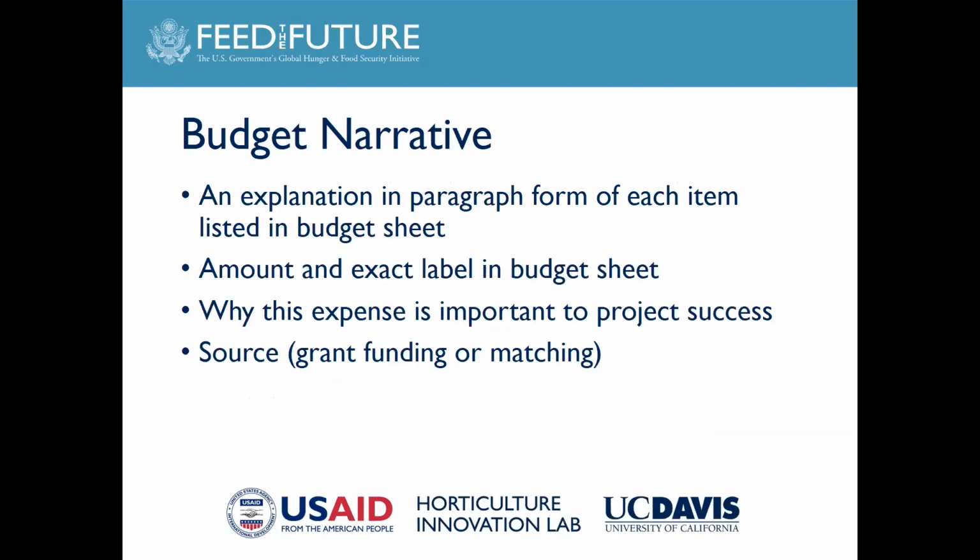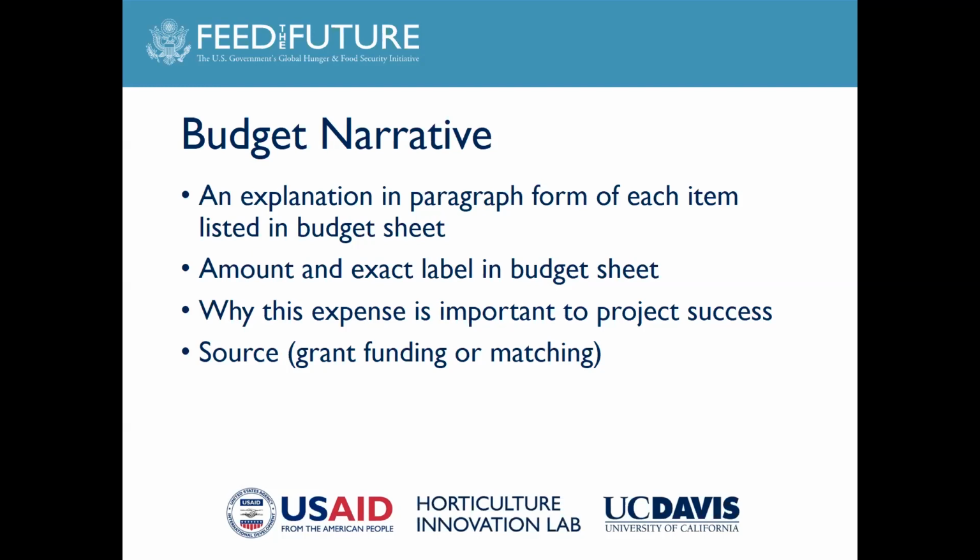A budget narrative. So this is a separate sheet from the budget template, and you want to carefully reference each item on the budget template and then provide in paragraph form an explanation of what that item is and why it's crucial to the success of the project.